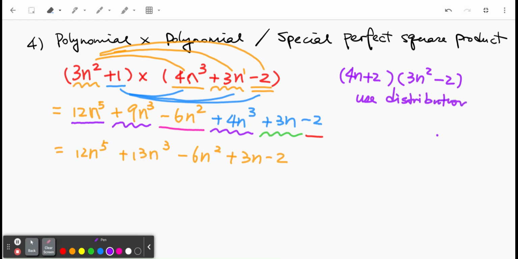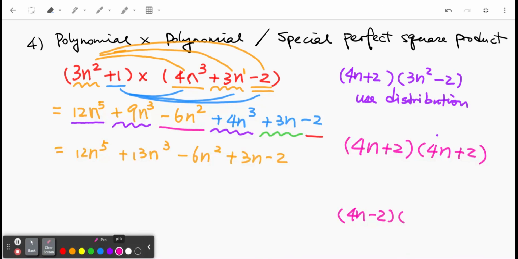However, sometimes you will see something like 4n plus 2 times 4n plus 2. Or you see something like 4n minus 2 times 4n minus 2.